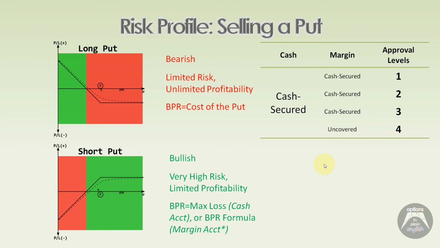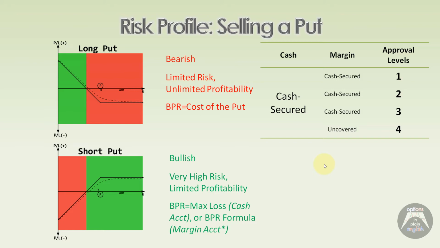They might be more stringent or less stringent in their requirements, but most of them follow more or less the same formula to figure out the money that you need in order to start selling puts.